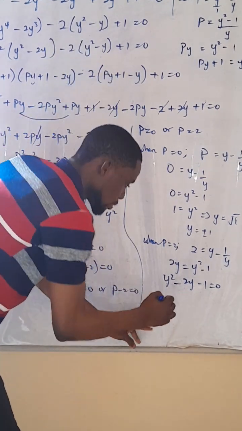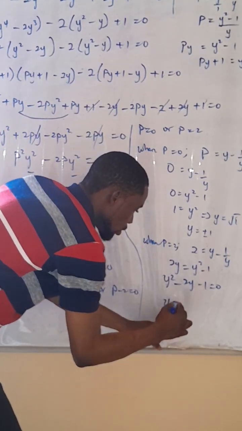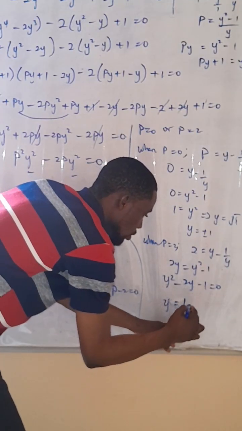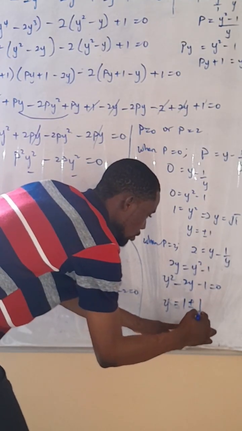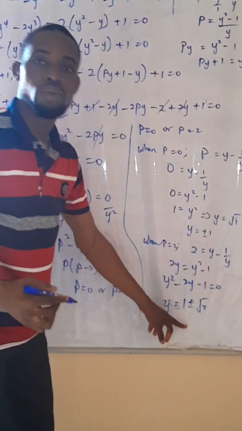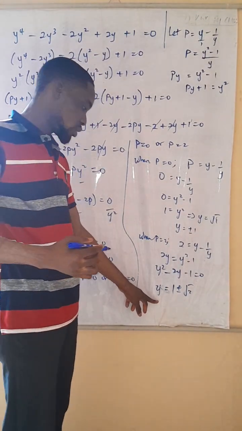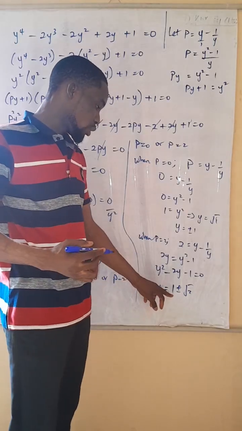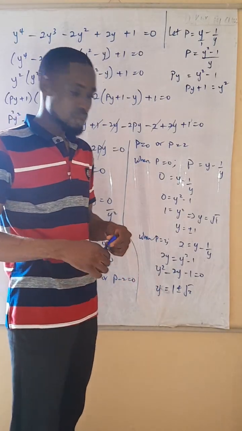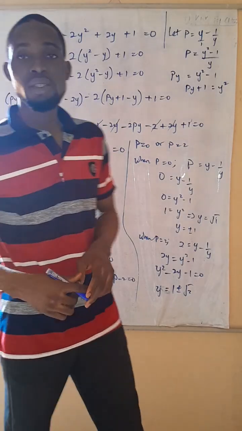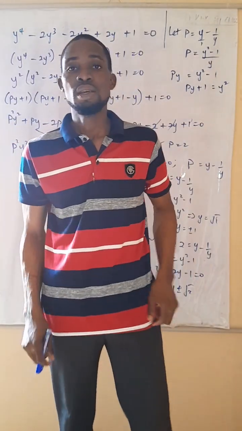What you should have is y equals to 1 plus or minus the square root of 2. Now that's the first method of solution. Now in my next video, I'll show you the next method of solution.